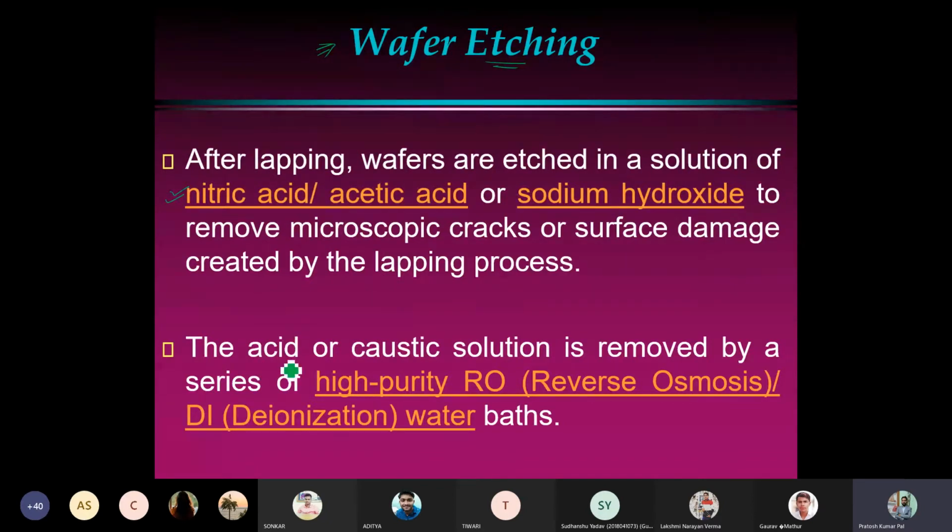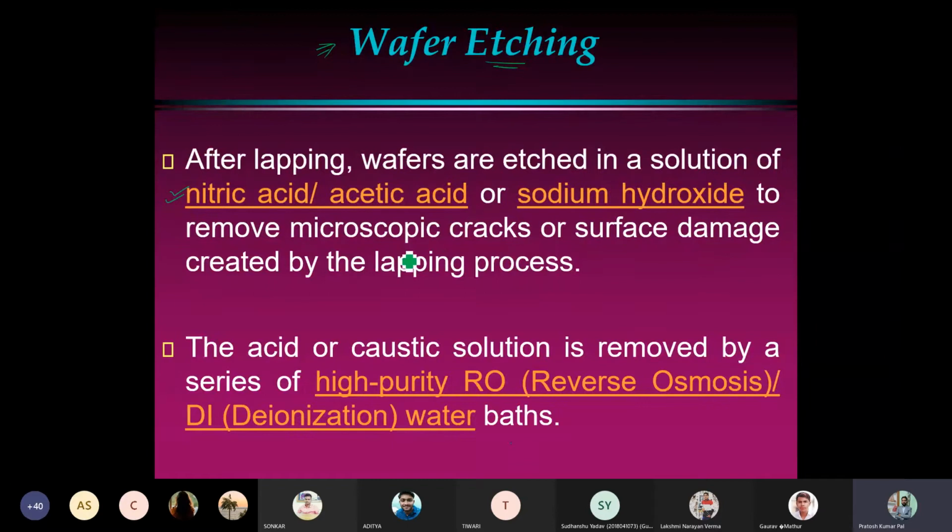So these two processes will be performed by using acidic solutions. Whatever acids we have used for etching, these acids can be removed by using these two methods, like the reverse osmosis method or by using deionization water.